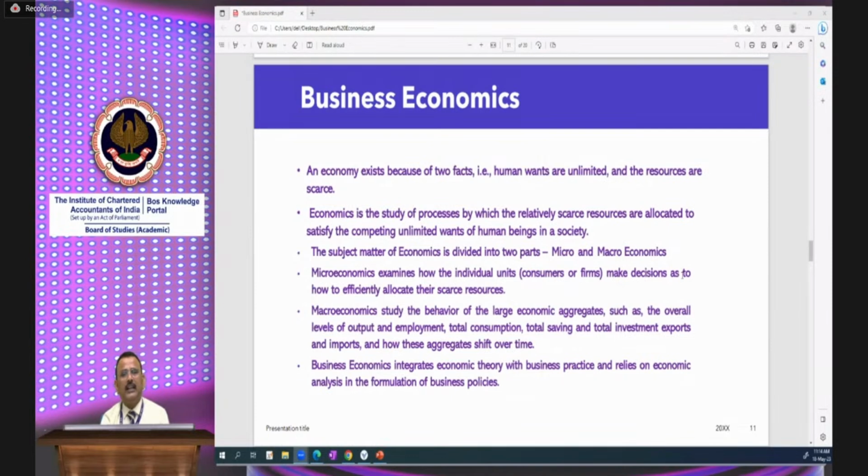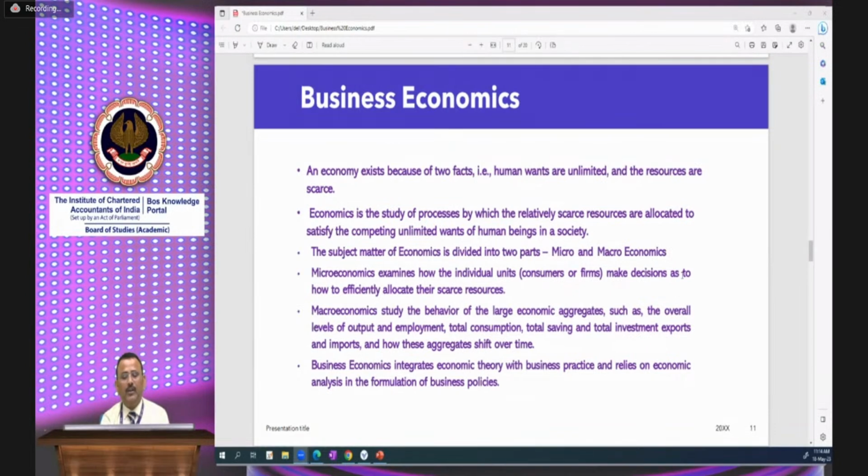Because wants are unlimited and resources are scarce, it is a process by which the important wants are satisfied with the resources available. Now, the subject matter of economics is divided into two parts, microeconomics and macroeconomics.